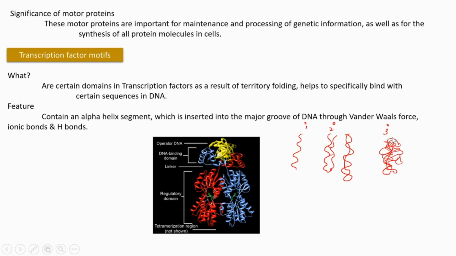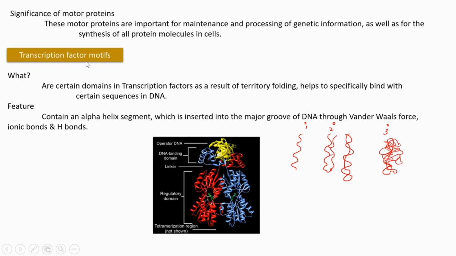Because of acquiring such a specific pattern, it can interact strongly with a specific sequence in DNA. That folding pattern is very important, and those patterns are called motifs. These motifs are seen in the DNA binding domain of transcription factors.